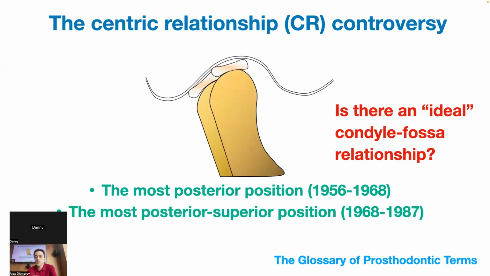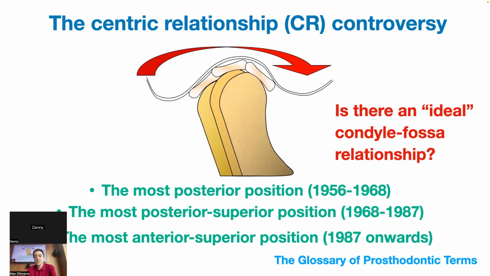Then, after 1968, it was changed to the most posterior superior position of the condyle inside the fossa. Then, starting from 1987, CR was defined as the most anterior and superior position of the condyle inside the fossa.